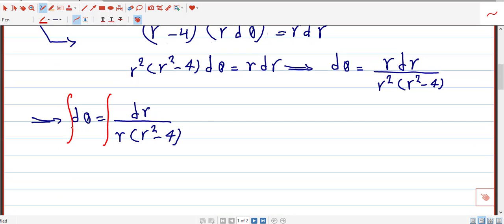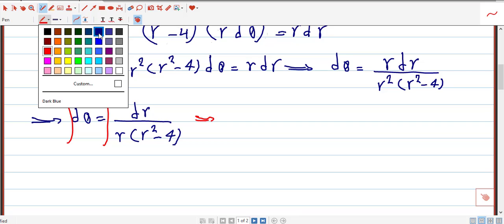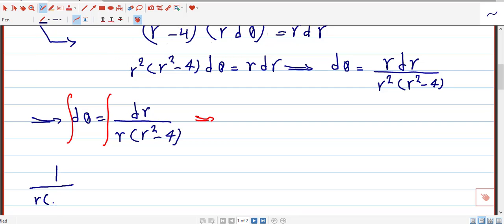This side of the equation is very easy in terms of integration, and the other side needs partial fraction integration. How partial fractions work, I change the color: 1 over r multiply r squared minus 4. I'm going to split this fraction into two different fractions, a over r plus b r plus c over r squared minus 4. If we have a linear factor, we write a constant.